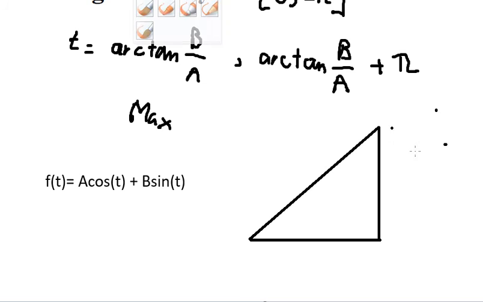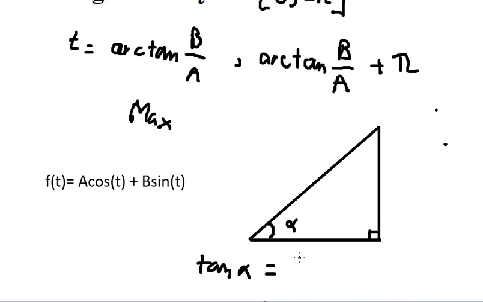This one is the right angle. Let's say I will choose this angle alpha in here. We see that alpha is arctan of b over a. So we know that tan alpha in this right triangle is opposite divided by adjacent.